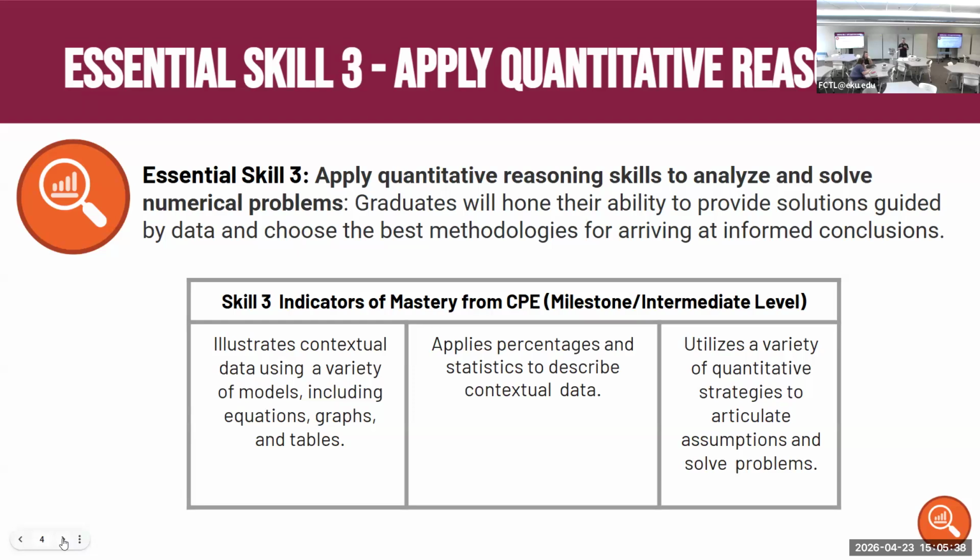Whenever I've worked with this in the past couple of weeks, I like to think of contextual data as just what does this number mean in the grand scheme of things. Whenever I used to teach mathematics, I would ask my students all the time, when you got a number as an answer, did it make sense for the problem? That's what's going on here. And then finally, utilizes a variety of quantitative strategies to articulate assumptions and solve problems.